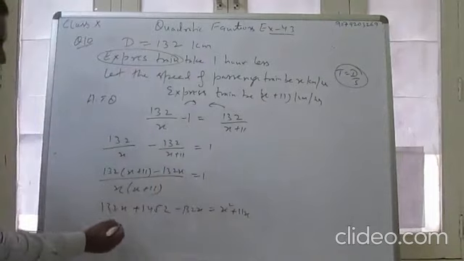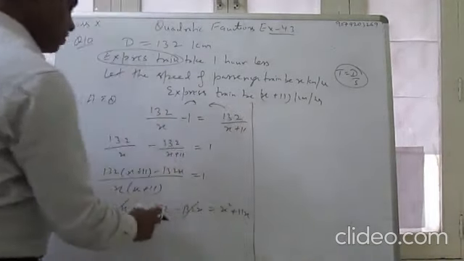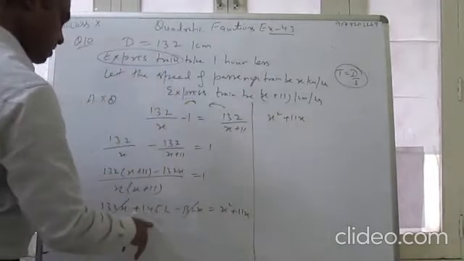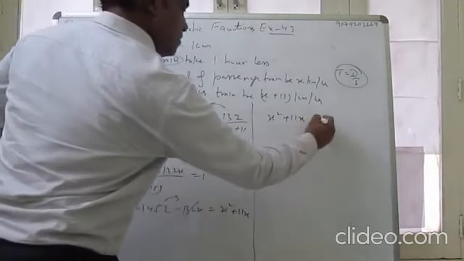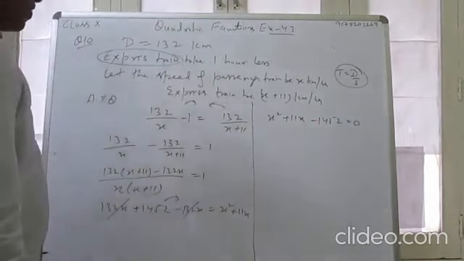Now 132x is cancelled out. Now x square plus 11x, transfer that side, minus 1452 is equal to 0. So now factor it.